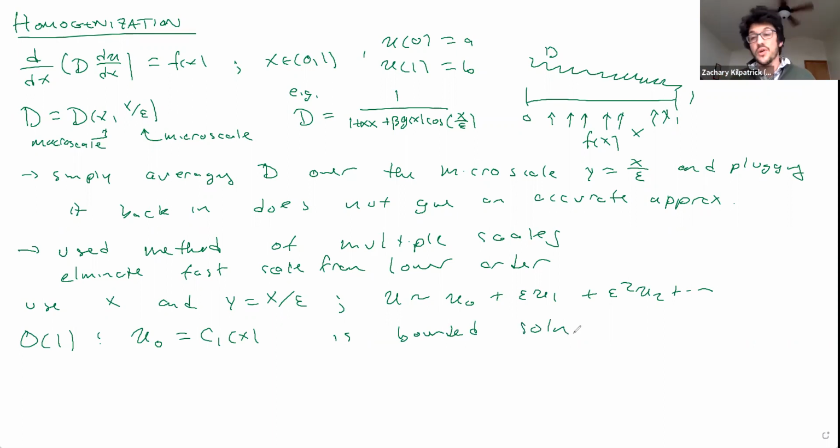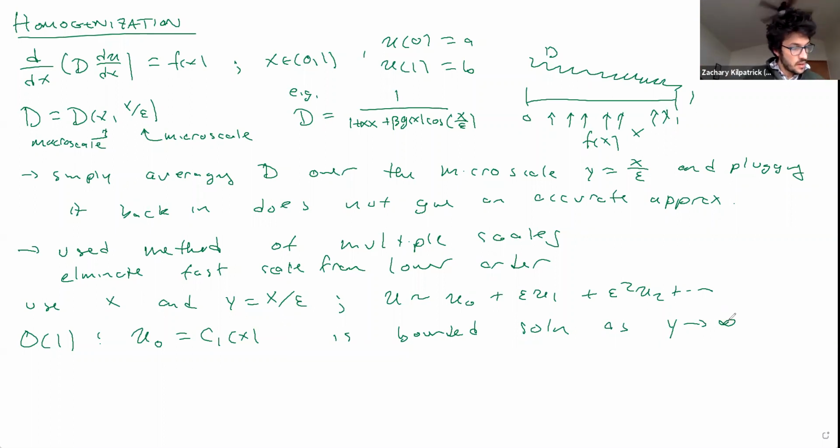We had a more general form, but in order for it to be bounded, as y goes to infinity, out of the microscale, we needed to eliminate the y-dependent terms that we got from the order 1 solution.